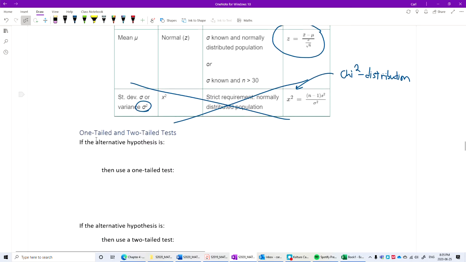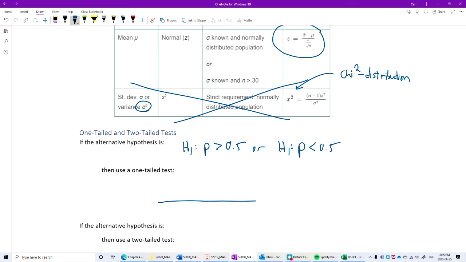Okay, so we did touch on this, the one-tailed versus two-tailed. If the alternative hypothesis is, let's say, p greater than a half, or p less than a half, then we use a one-tailed test.